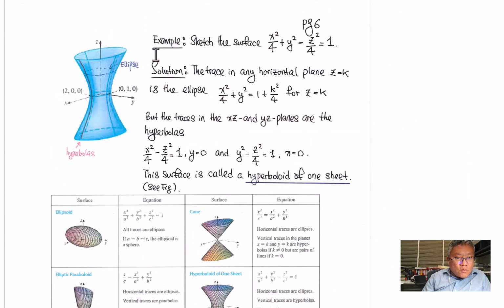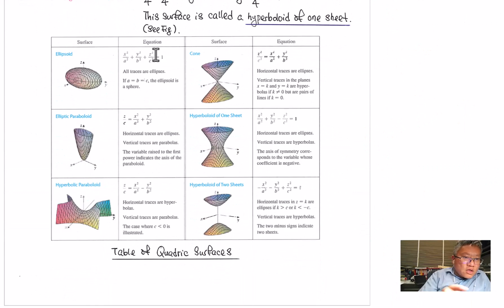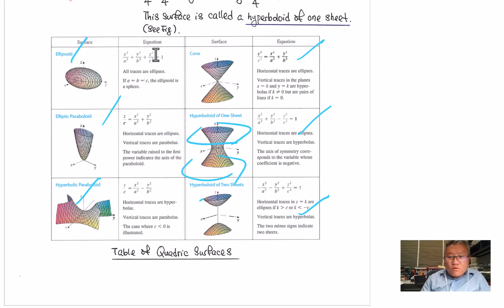This is a table of the things that you have. We have the ellipsoid, the elliptical paraboloid, the hyperbolic paraboloid, the cone, the hyperboloid of one sheet, and the hyperboloid of two sheets. The analysis is the same: cross section, cross section, cross section. You will have to try it to see it.